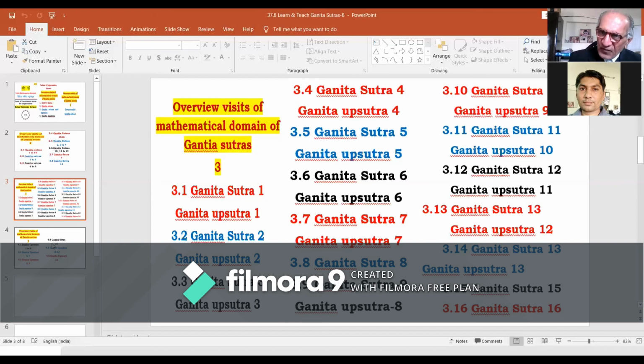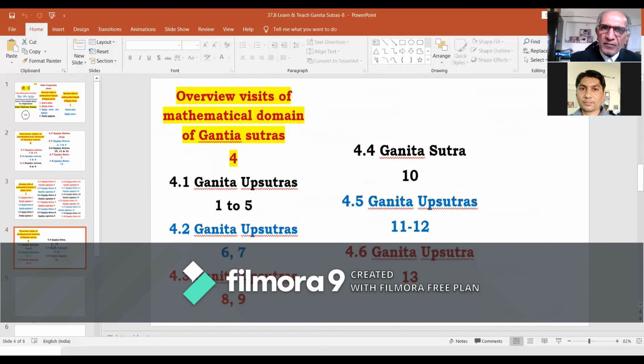Then the final phase and stage of the integrated mathematical domain overview is to be of distinct visits to the mathematical domain of Ganita Sutra 15 and Ganita Sutra 16. Both these sutras are of 60 letters compositions, and are full of potentialities of having bridging of their gap of their own.